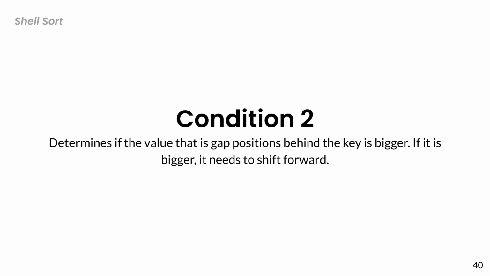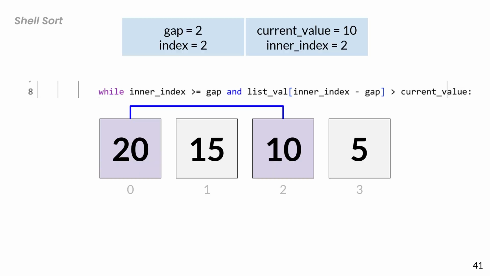To properly visualize this scenario, here is an example. Again, we have a list input of 20, 15, 10, and 5. It is indexed from 0 to 3. Reading the code, it asks if the inner index is greater than or equal to the gap, which is true. Next, we need to solve for the difference of the inner index and the gap.